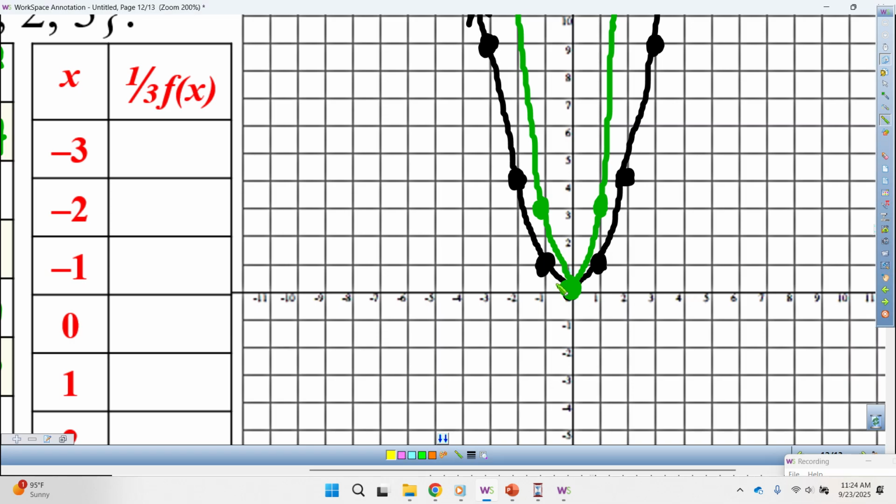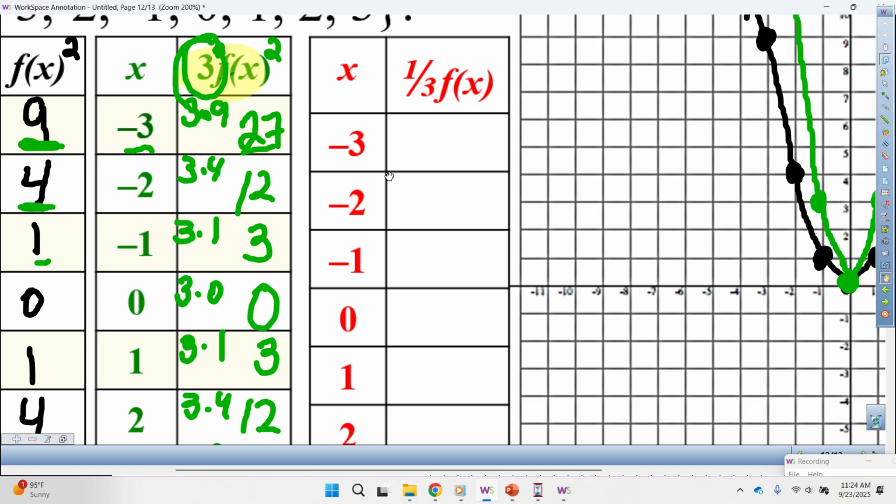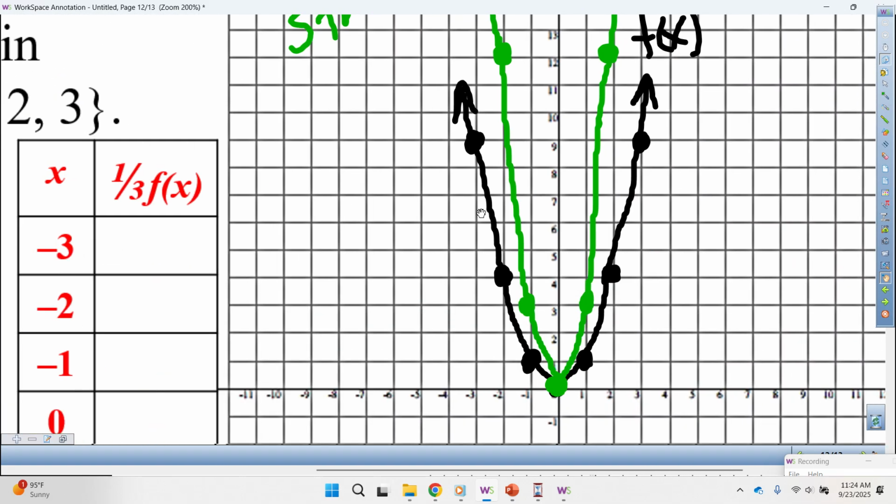The original was at 0, 0, yes? Stays at 0, 0. These 2 points are at negative 1, 1 and 1, 1. But now they became what? Negative 1, 3 and 1, 3. Because the parameter was 3. Let me go to the next points.